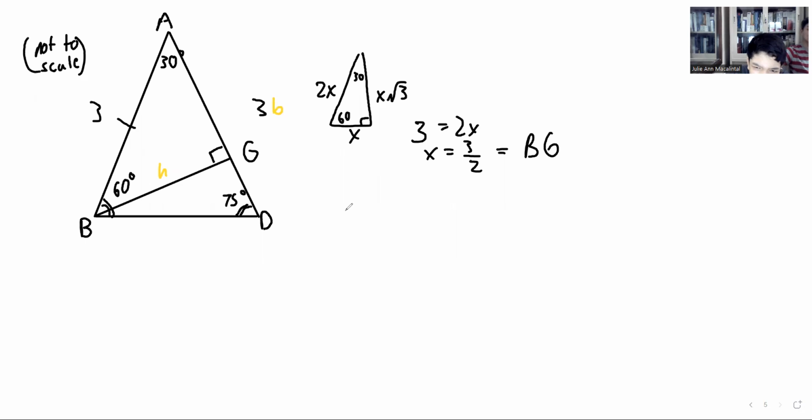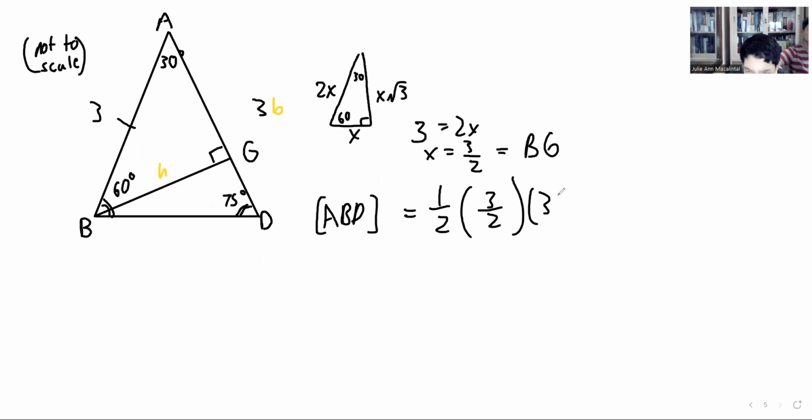So, since we already know that the area of ABD is 1/2 times 3/2 times 3 equals 9/4. Nice.